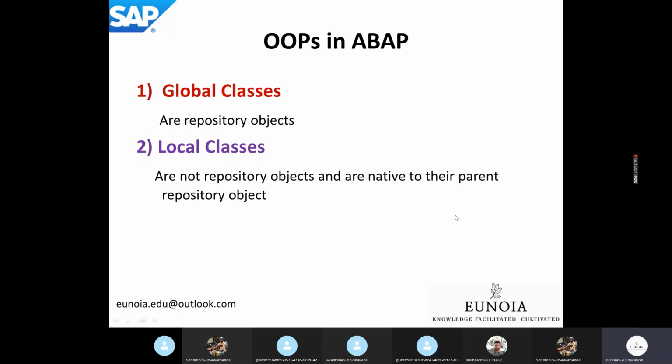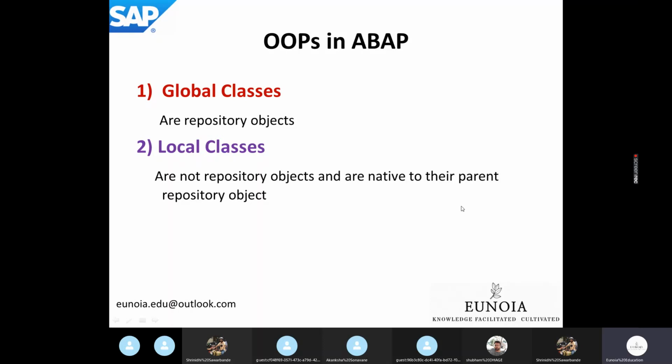Likewise, a report program is a repository object. A class can be created inside a report program. So the report program is a repository object, but the local class which is created within the report program is not a repository object. Okay. Hope this clarifies what is a global class and local class.